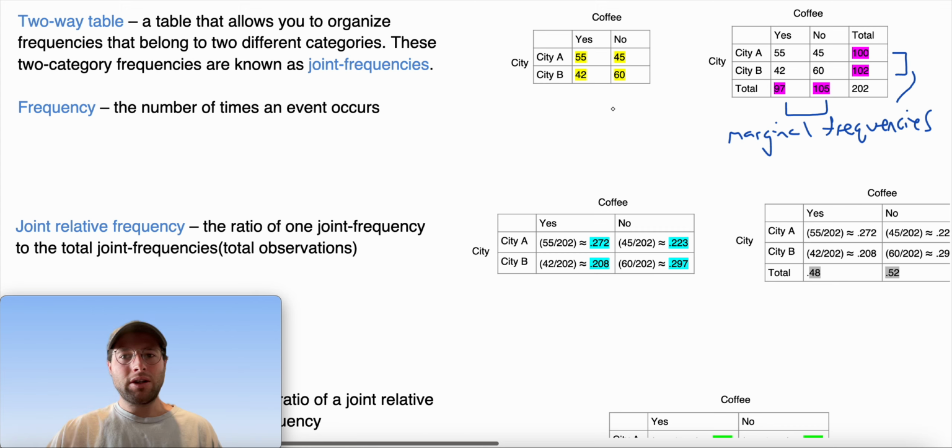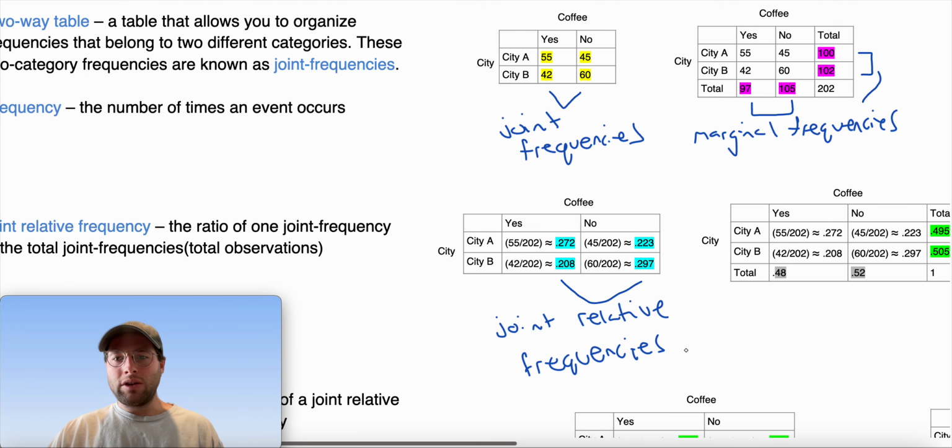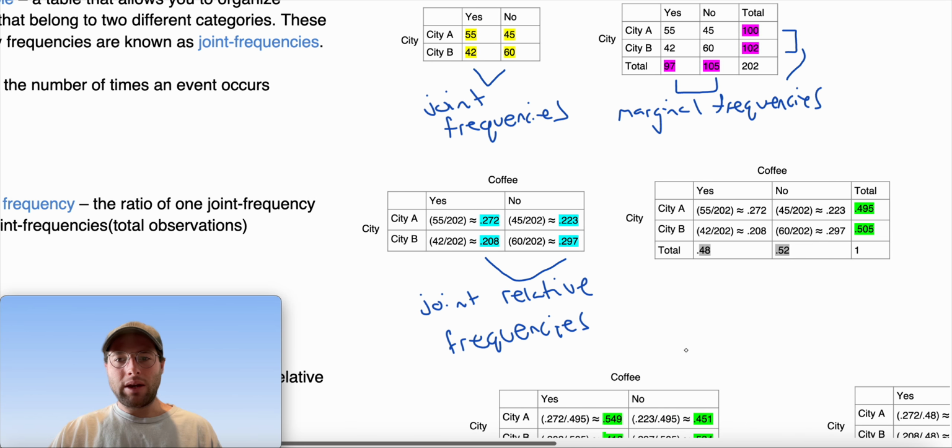While I'm here, I'm going to write in that these are all the joint frequencies, and then these right here, what we were just discussing, are the joint relative frequencies.